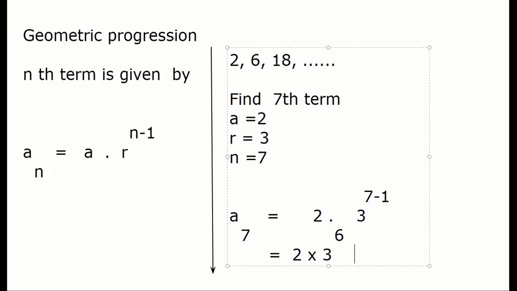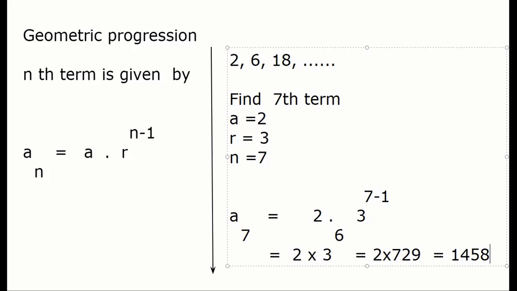Correct? So 2 into 729, whatever the answer comes, 1458 is your answer. So the 7th term of this GP would be 1458. Is everyone clear?